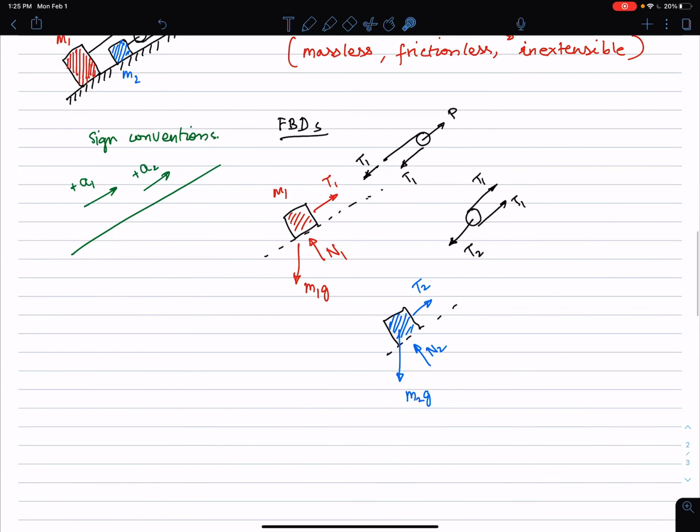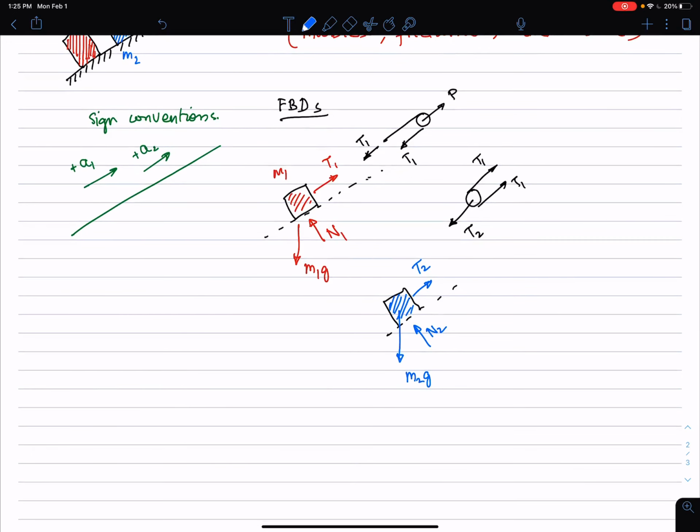Now, it is very often convenient to decompose this m1g into a component parallel to the slope and perpendicular to the slope. This is something you can try to remember if you want, but basically this is the triangle that you care about.